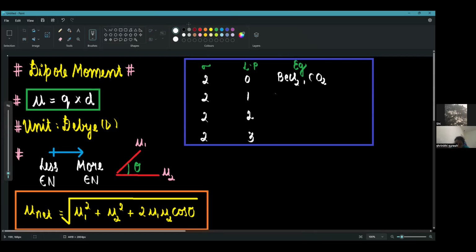SO2. Fantastic. We had written only one example, that is SO2. Then for 2 2, again one example we had written, water. Correct? Yes. And for 2 3, XeF2 will be written, then if you want to write I3 minus, that is also correct.